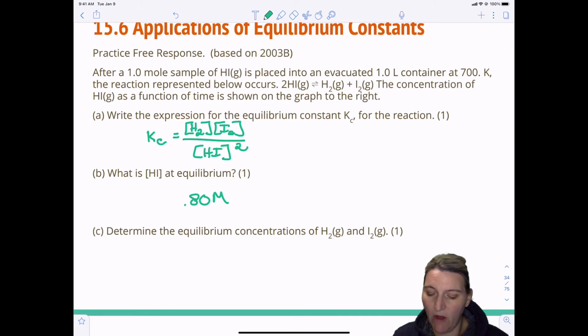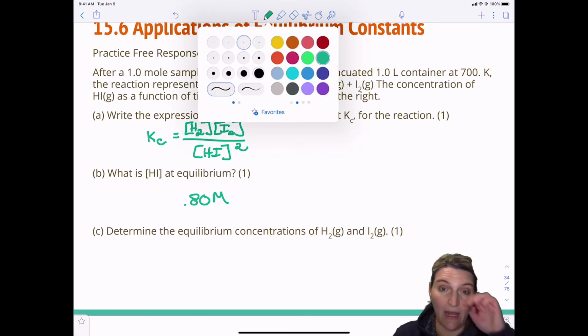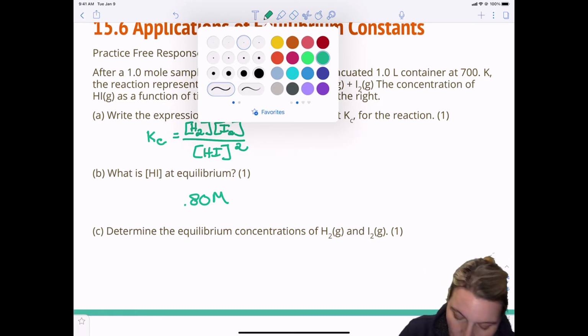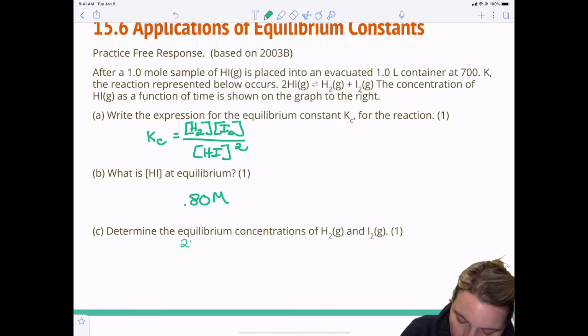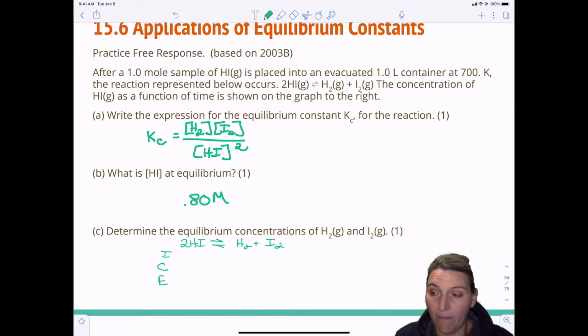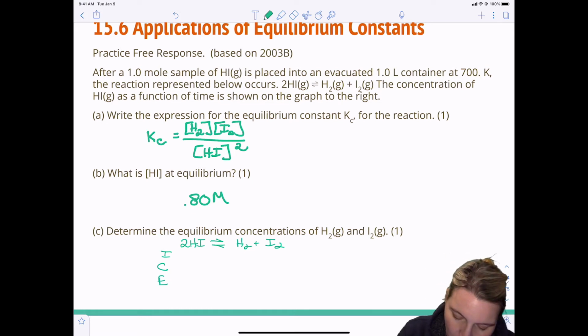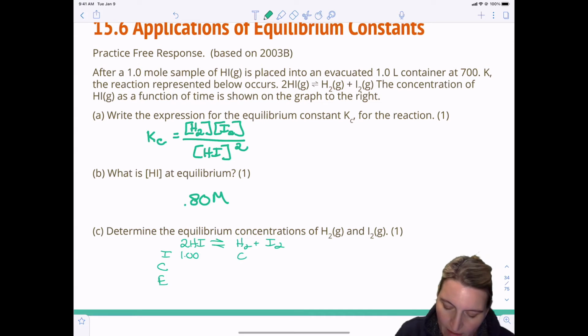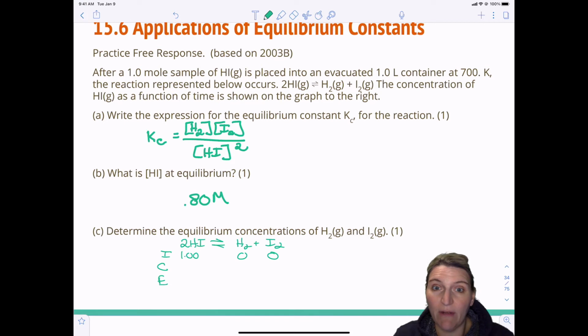Determine the equilibrium concentrations of H2 and I2. So that is going to be an ICE chart, basically. So we write the balanced chemical equation. And remember, ICE is initial, change, equilibrium. Initially, the question tells me that we start out with 1.00 molarity. And we know that the final equilibrium value of the HI is 0.800 molarity.